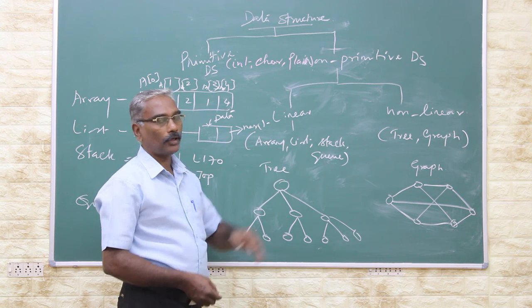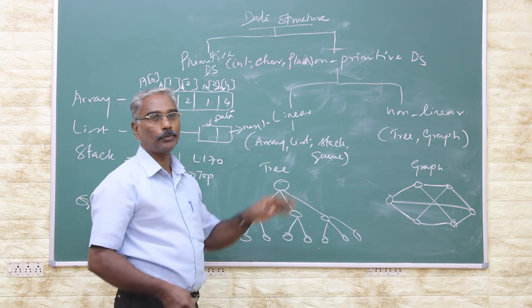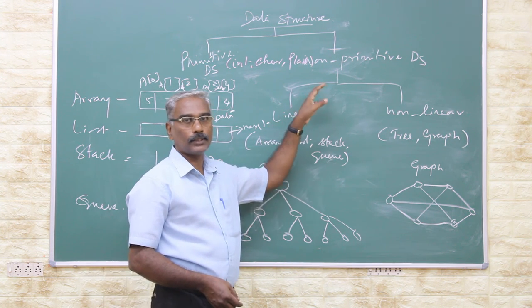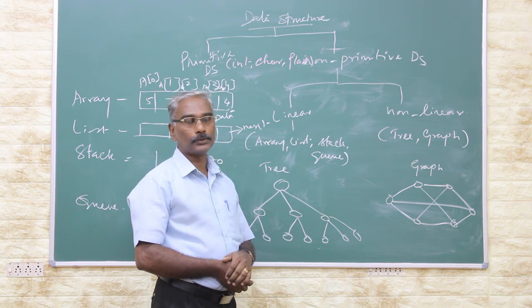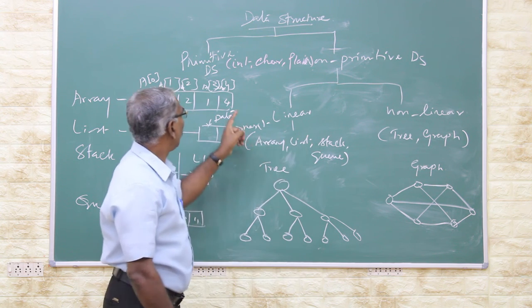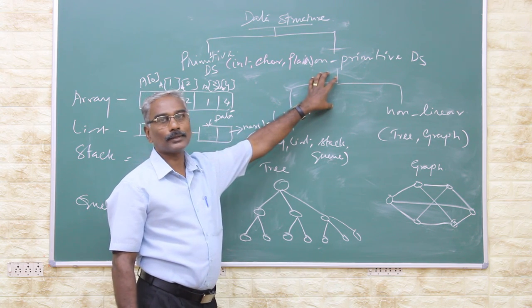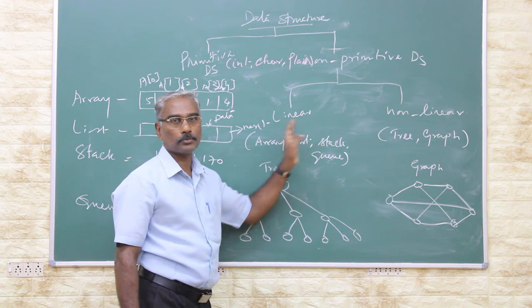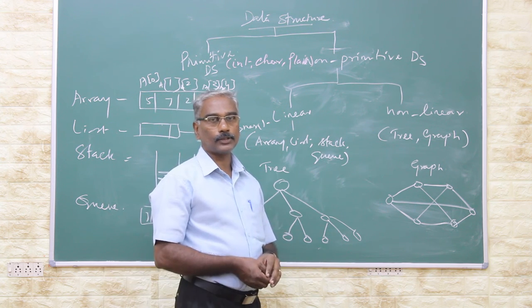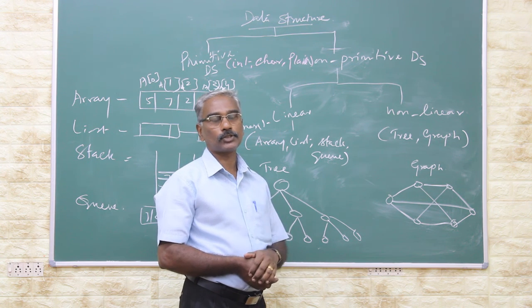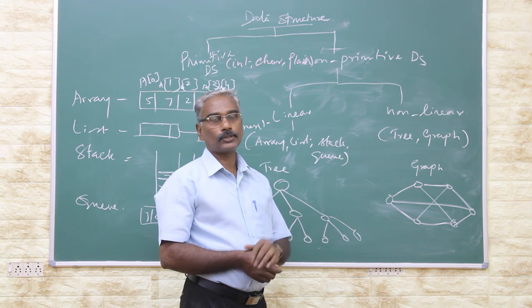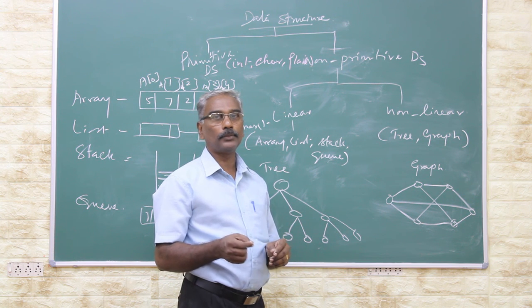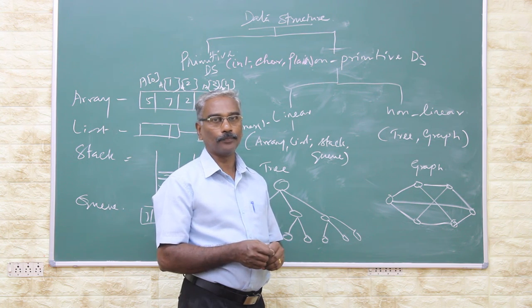But the non-primitive data structure is a user-defined one. This non-primitive data structure is again divided into two types: the linear data structure and the non-linear data structure. What is a linear data structure? In a linear data structure you store the elements in a sequential form.